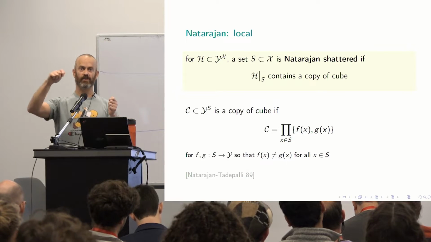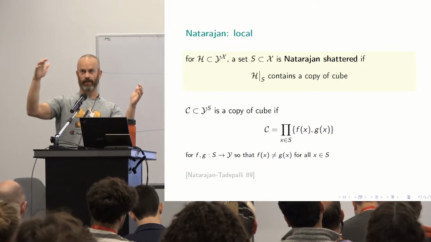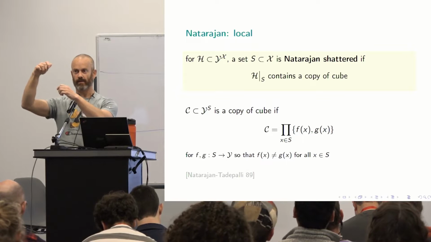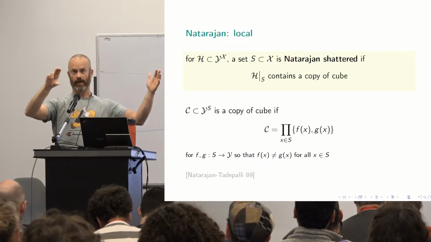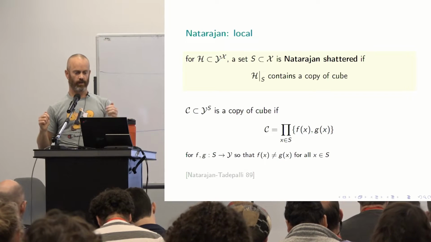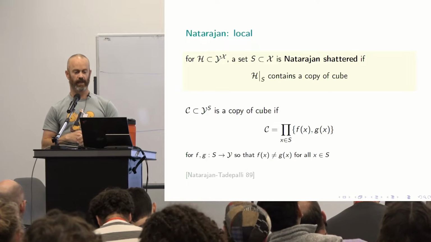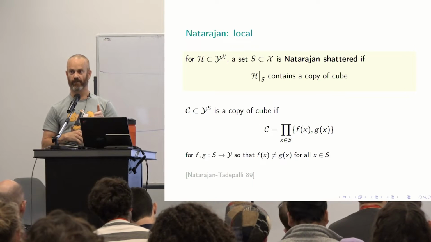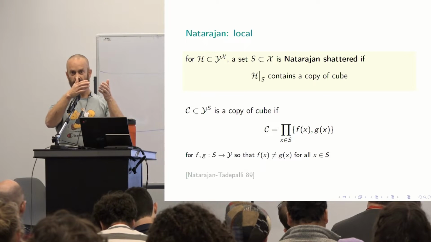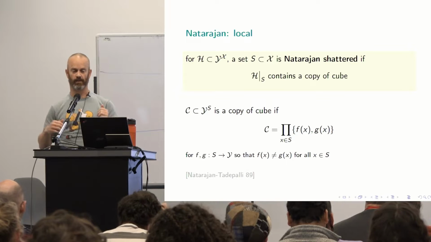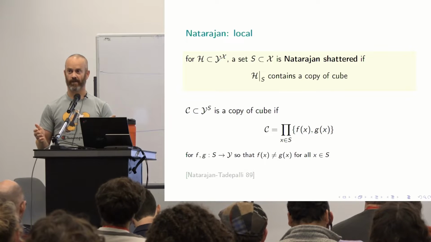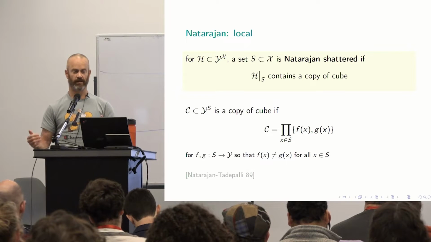A copy of the cube is a full product set, two things times two things times two things. Formally, there is a way to assign every element of S two distinct things, f of x and g of x, and when we project, we see all the possible products.